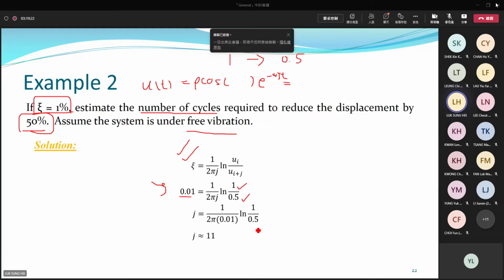So sometimes if you use this log decrement formula, you can find the outcome easily. This is one application of the log decrement equations. This equation tells you something related to the ratio of displacements or accelerations.